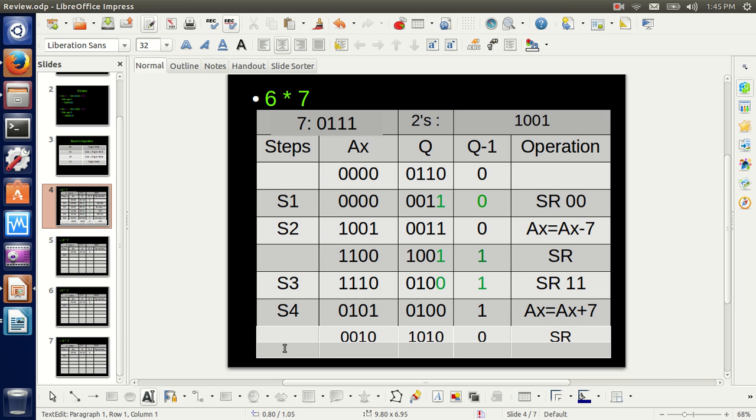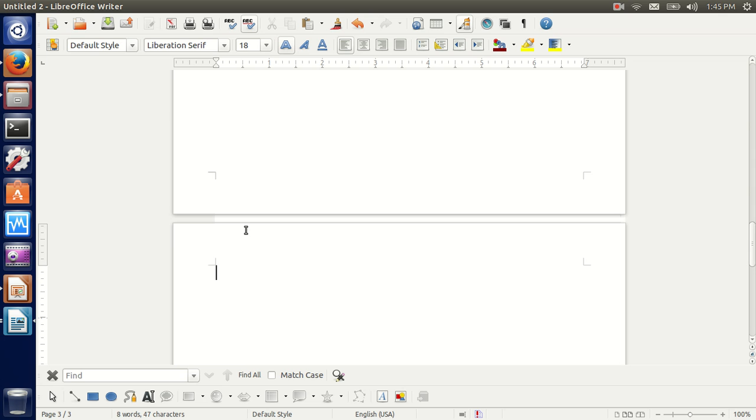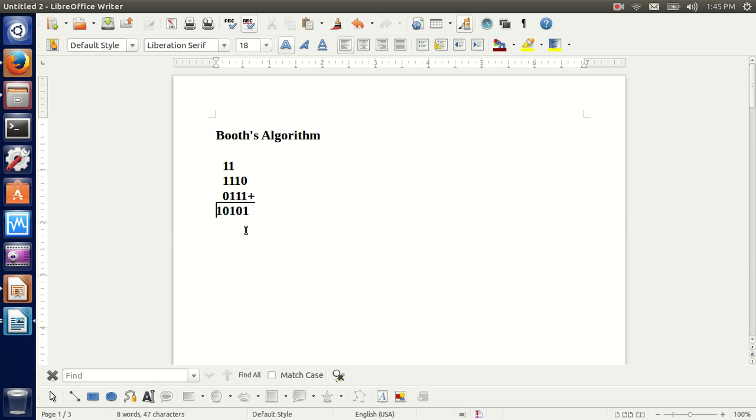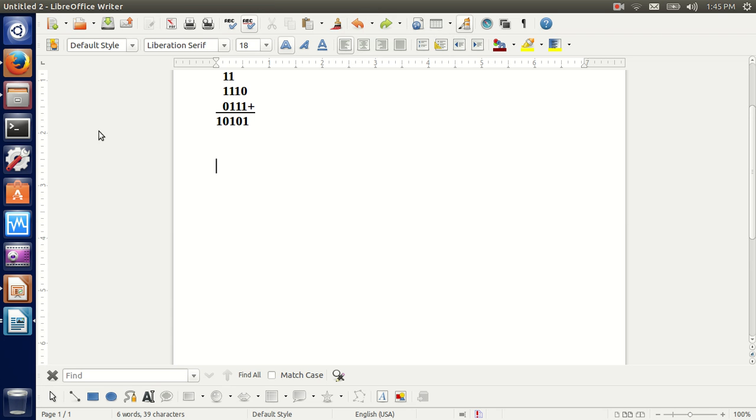And actually I don't need the last one. I finished now. This should equal what? 42. Let's see if this equals 42. Let's redo. Sometimes it doesn't like it.